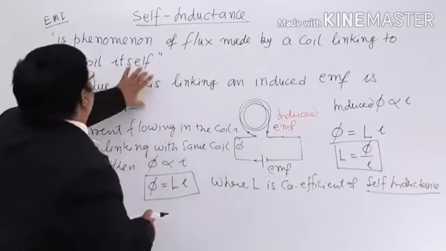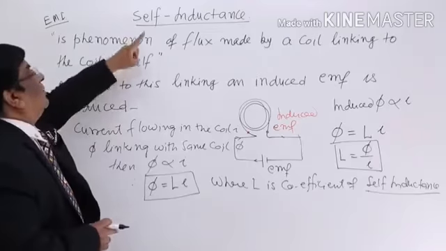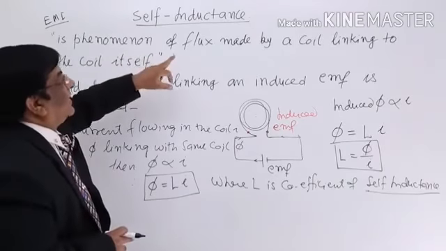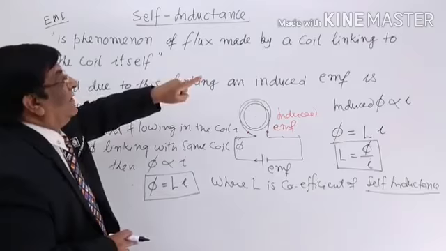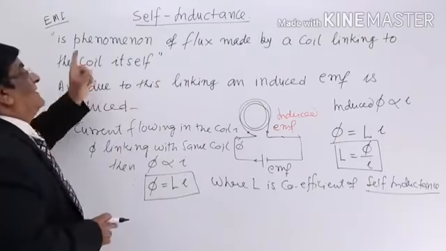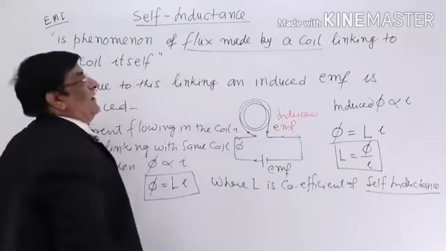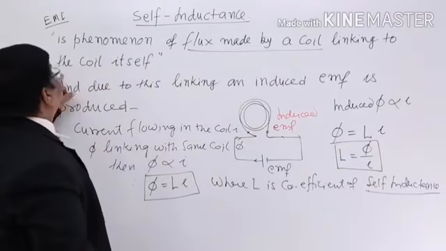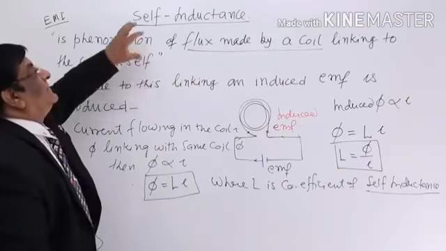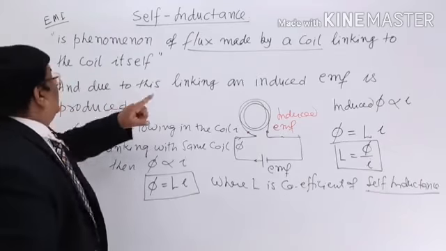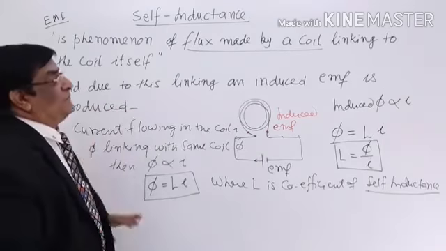So before I rub it off, please see it once again. What is self-inductance? Self-inductance is the phenomenon of flux made by a coil linking to the coil itself. This is self-inductance. And due to this linking, an induced EMF is produced.